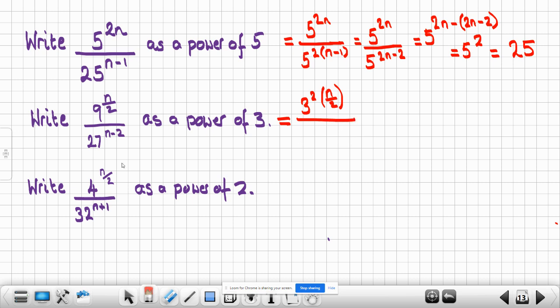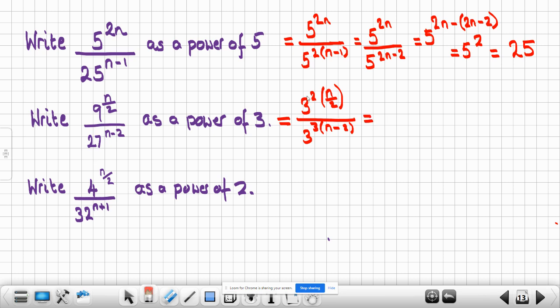On the bottom, 27 is 3 cubed, and that's going to be multiplied by n minus 2. So we should recognize those as multiples of 3.